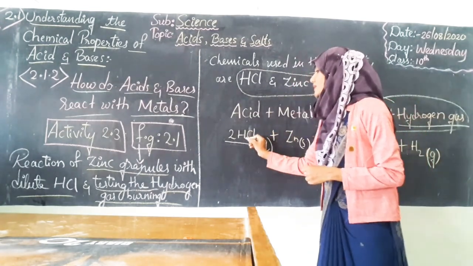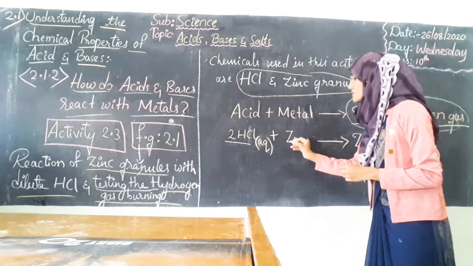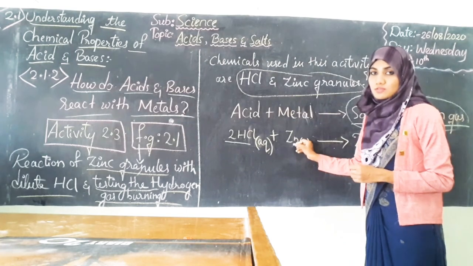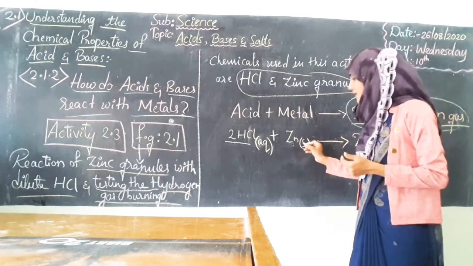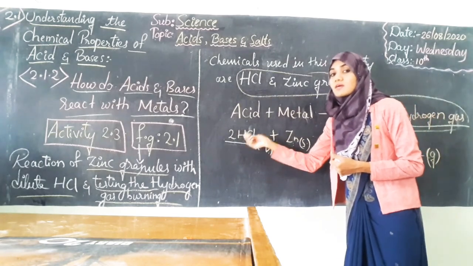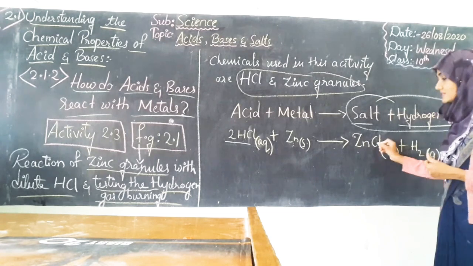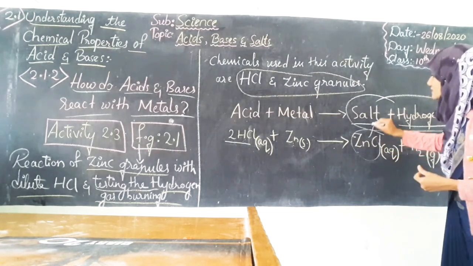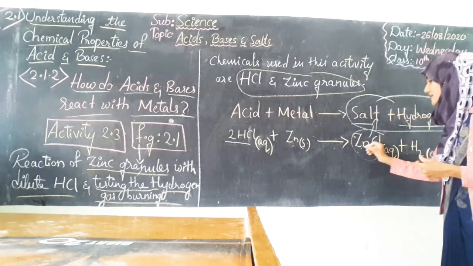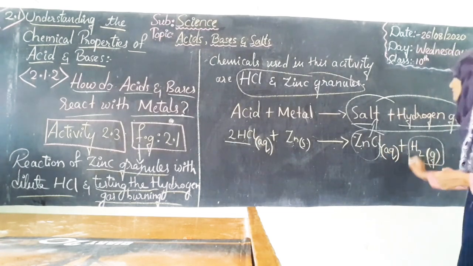When diluted hydrochloric acid reacts with zinc granules, which are in solid form, it forms zinc chloride. Zinc chloride is a salt: ZnCl2 in aqueous form, with the liberation of hydrogen gas.